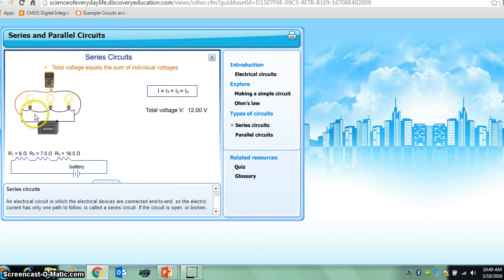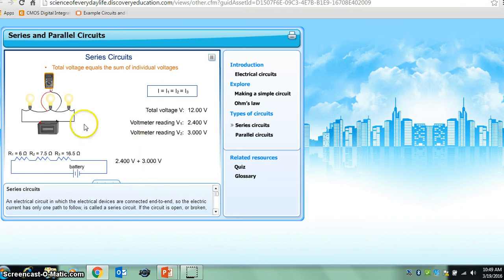Now coming to the information about the voltage, note down that the total voltage of the circuit is say 12 volts, and measure the voltage across bulb 1, measure the voltage across bulb 2, measure the voltage across bulb 3.